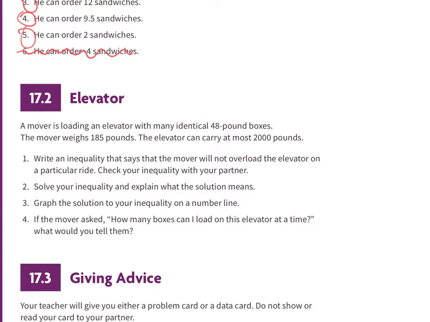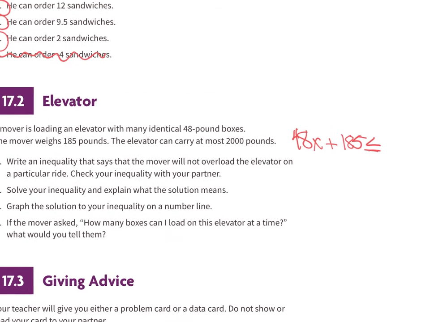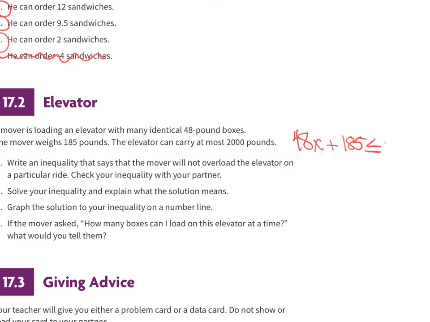So we can go 48 times X plus the 185 pounds that he weighs at most. At most it can be, but it's got to be less than or equal to, and at most would be 2,000 pounds. Okay, so there's my inequality. All right.